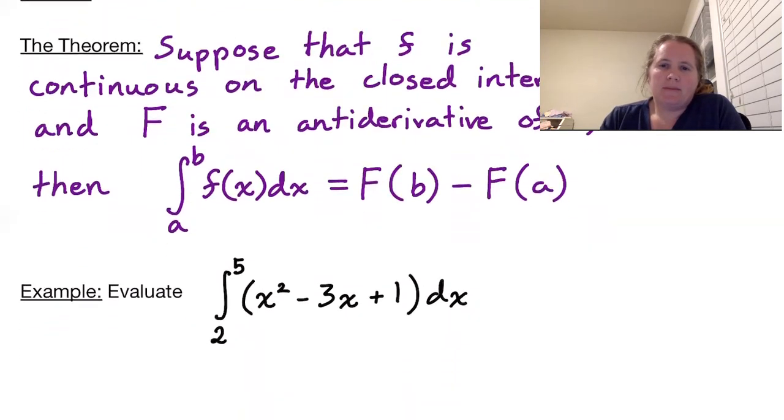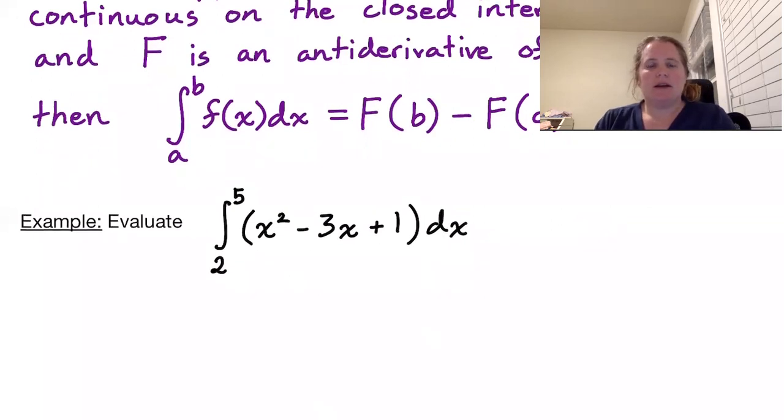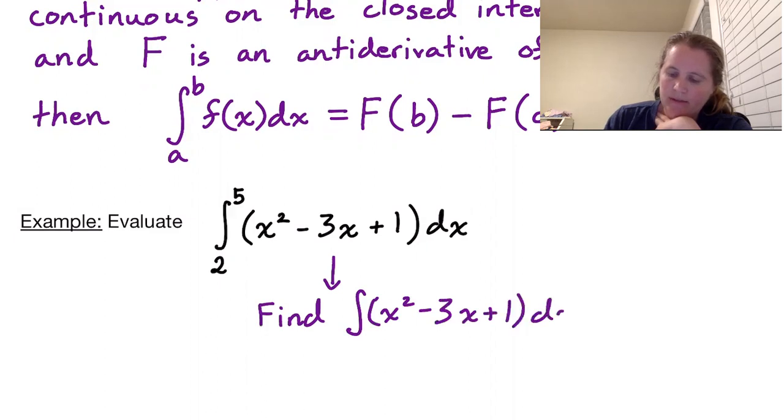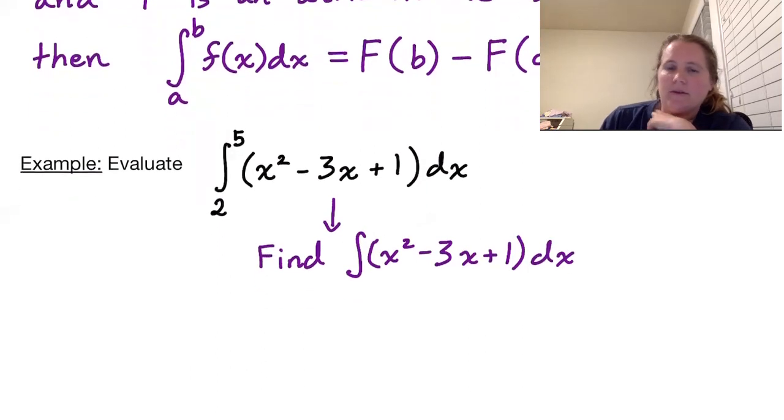So for example, if we are asked to evaluate the definite integral from 2 to 5 of x squared minus 3x plus 1 dx, we need to find an antiderivative of x squared minus 3x plus 1. So we can find the integral of x squared minus 3x plus 1 dx first. This is the power rule for antiderivatives, or for integration.